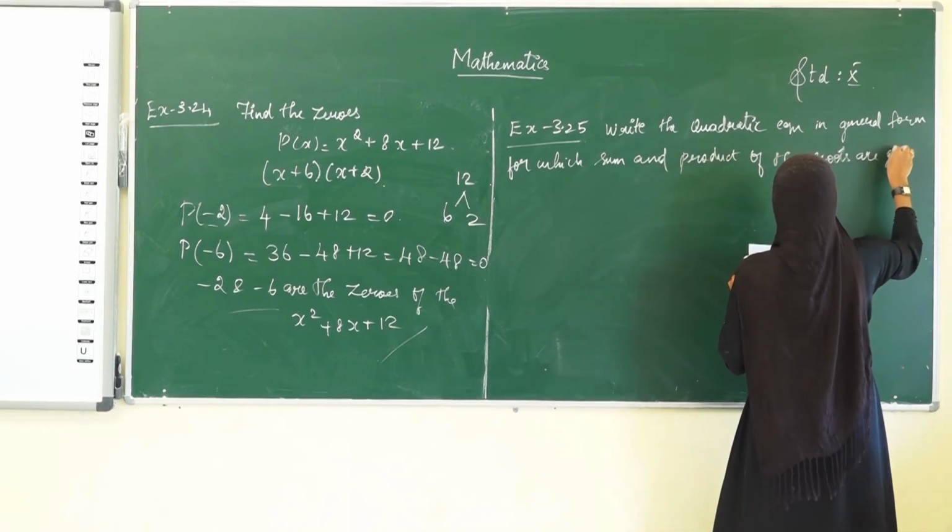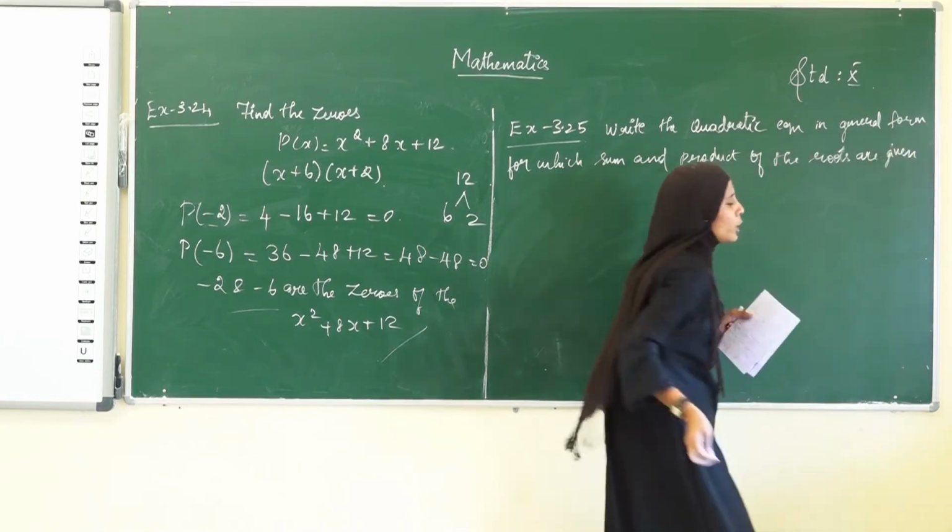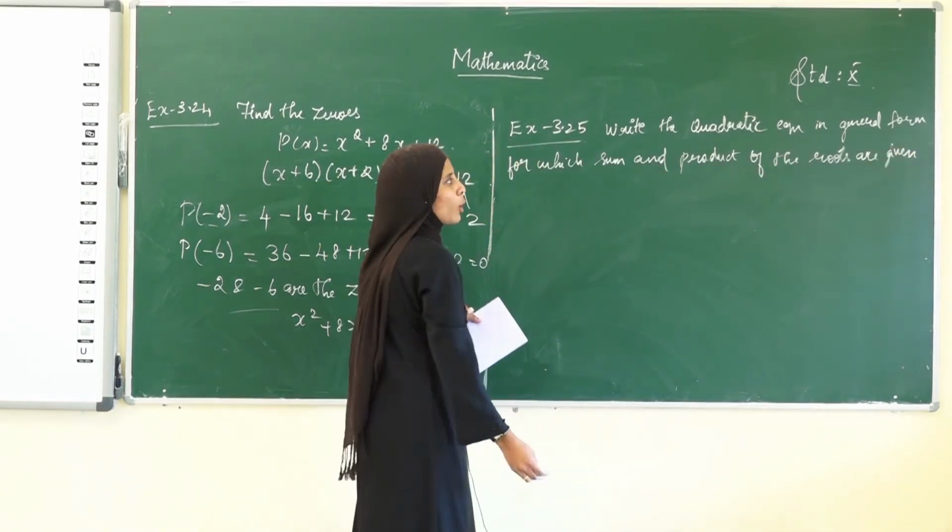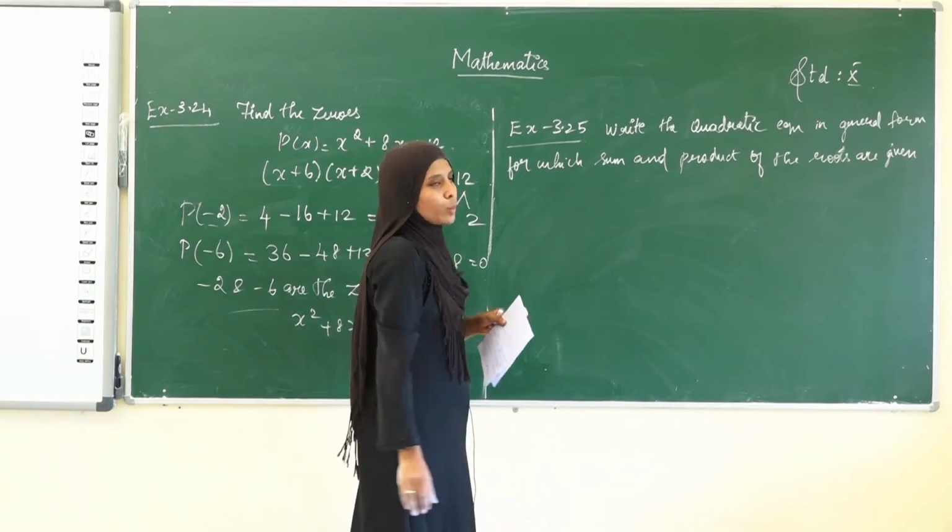They have given the sum and the product of the roots, and we have to find the general form of the quadratic equation.